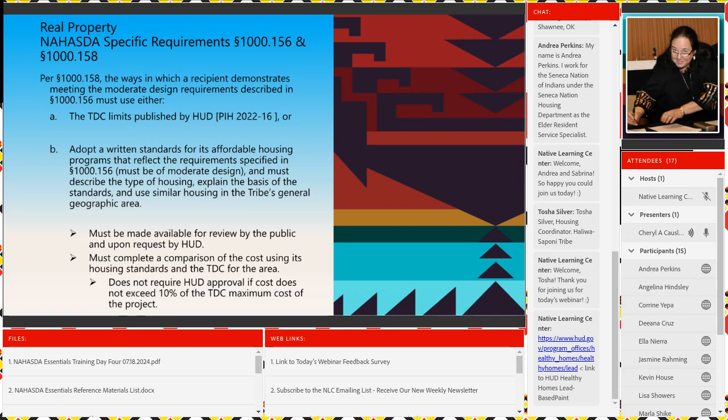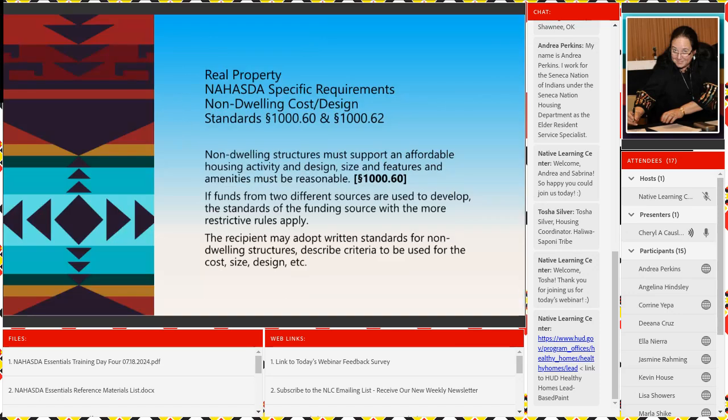You have to complete a comparison of the cost using the housing standards and the TDC for the area. Does not require HUD approval if the cost does not exceed 10% of the TDC maximum cost of the project.